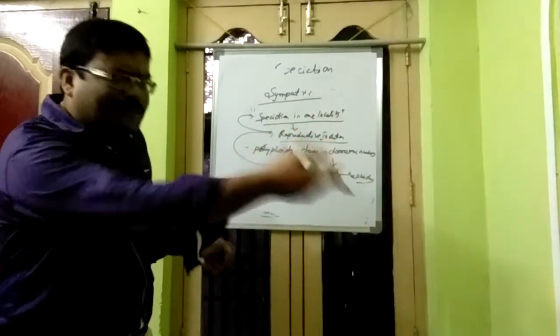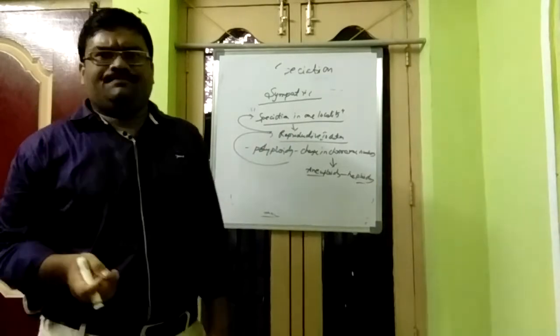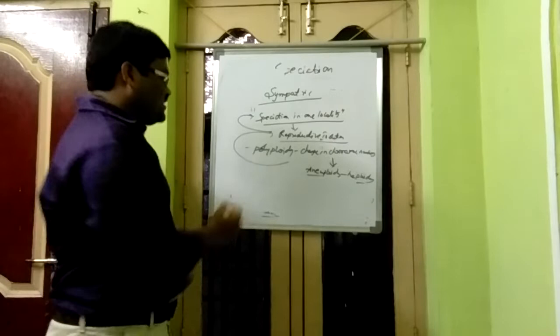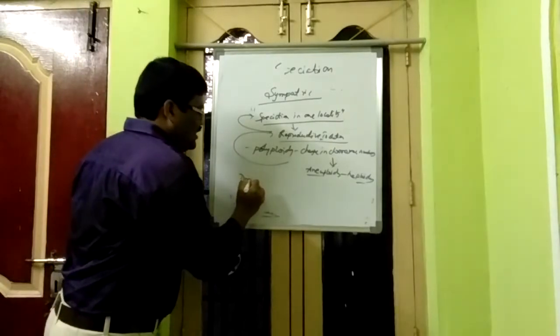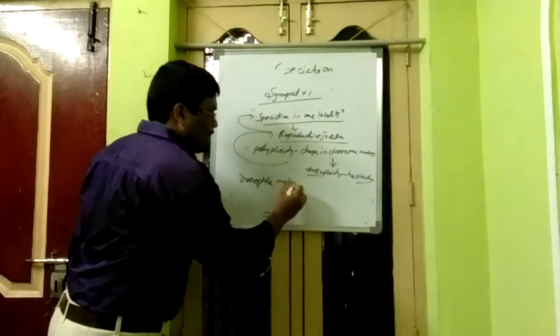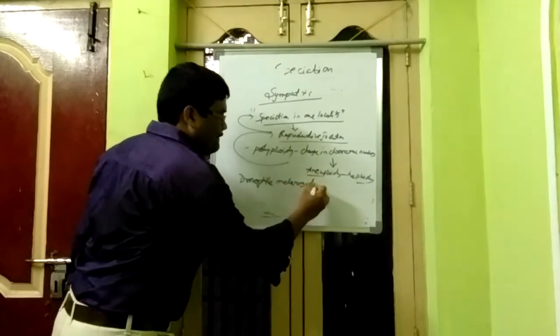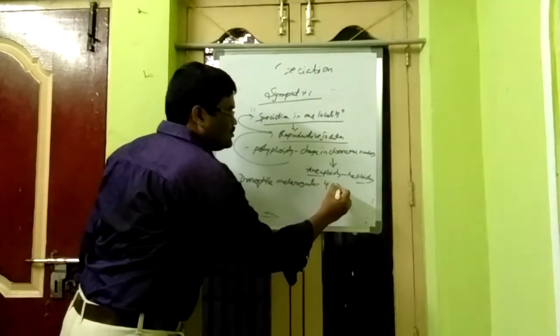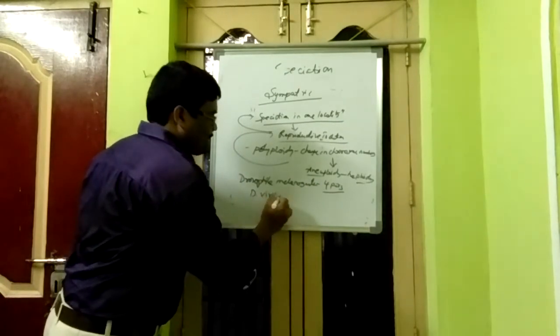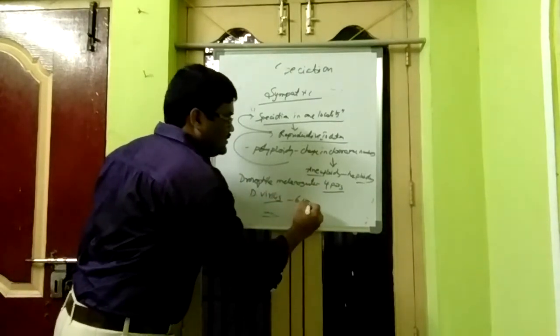It is most common in plants when compared to animals, because of this kind of nature. In animals, the best example is Drosophila melanogaster, with four pairs of chromosomes, and Drosophila virilis, with 6 pairs.